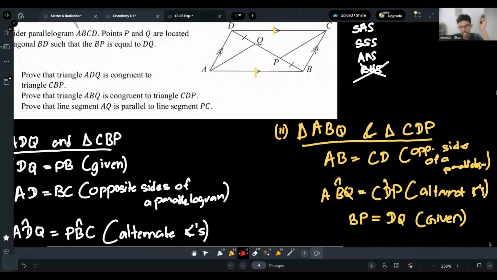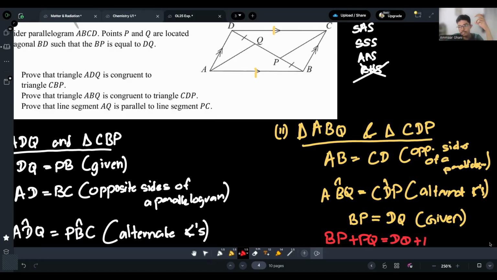This is the important step which most of them get confused. To the side DP, we add PQ. And to the side DQ also, we add PQ. This is axioms. Okay, DP plus PQ equals DQ plus PQ.